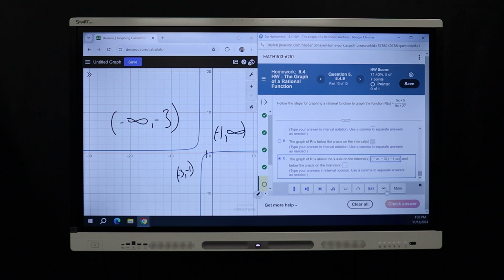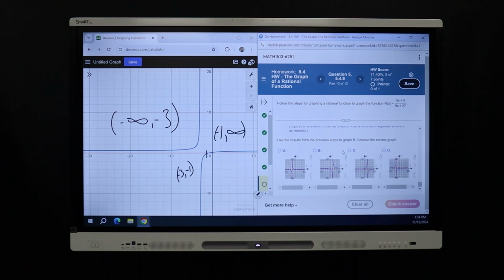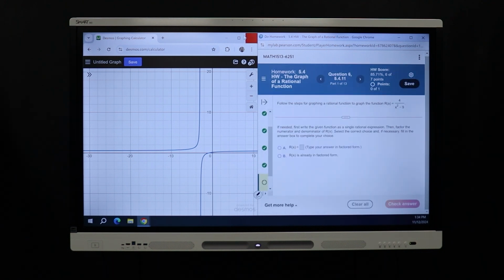It's also above, and then our only little section that was below is -3 to -1. And then which graph matches this? I can take off my stuff. We can look at it. Nope. Nope. Yes. Last one.